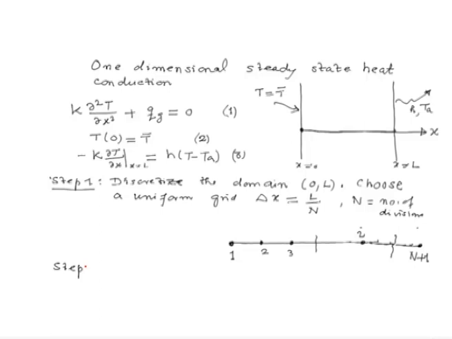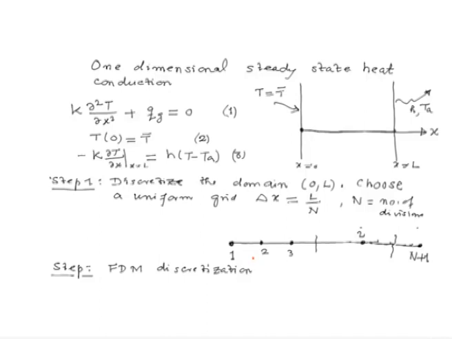Our next step would be finite difference discretization, that is, obtain discrete form. So FDM discretization will consist of obtaining discrete form for our governing equation and boundary conditions.